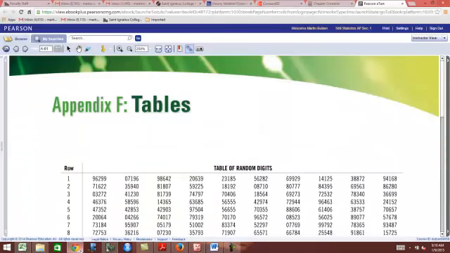Now, if you go to your book, Appendix F, the tables, the first table is the table of random digits.